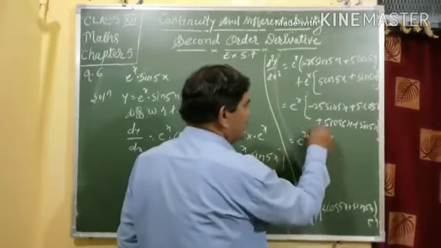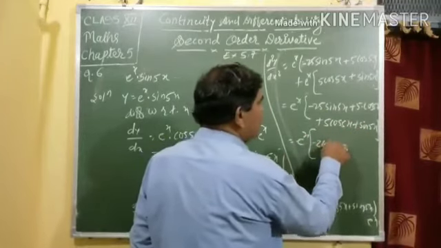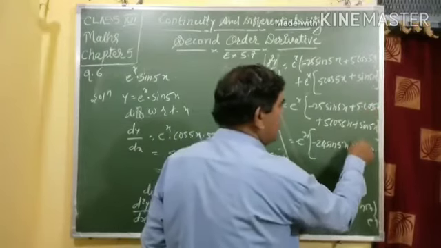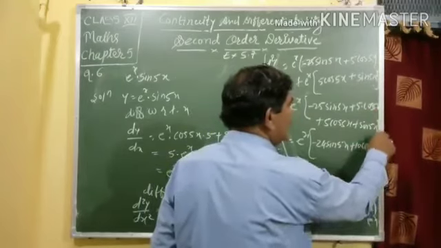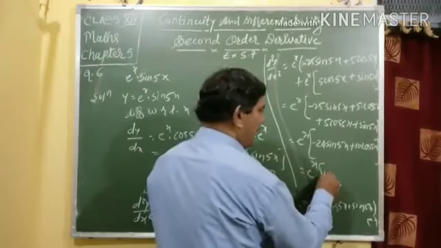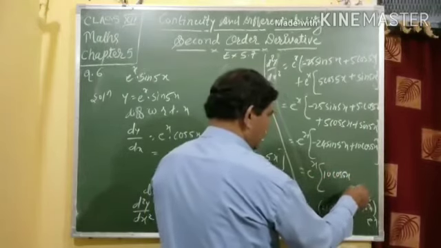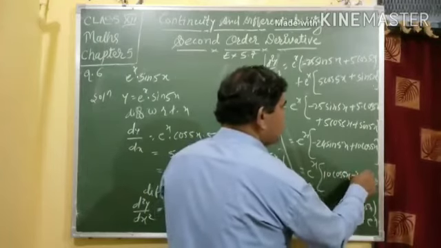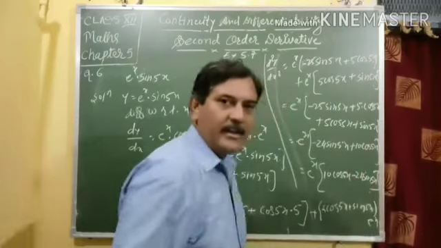So e to the power x, pi square minus 1, that is minus 24 sin pi x, plus pi cos pi x plus pi cos pi x, that is 10 cos pi x, is equal to e to the power x, 10 cos pi x minus 24 sin pi x. So this is the answer.